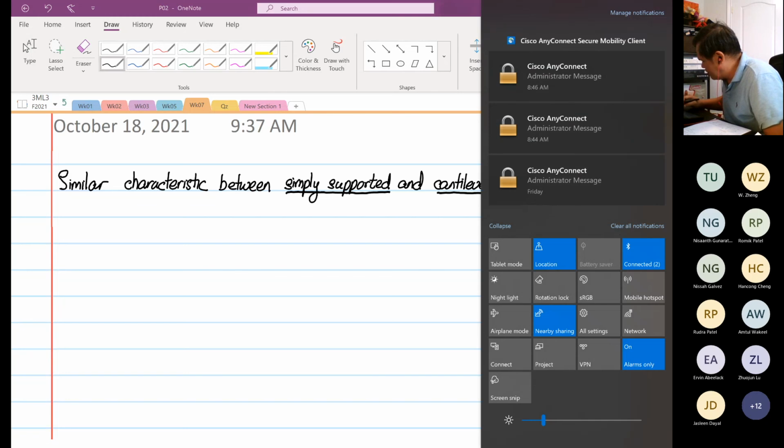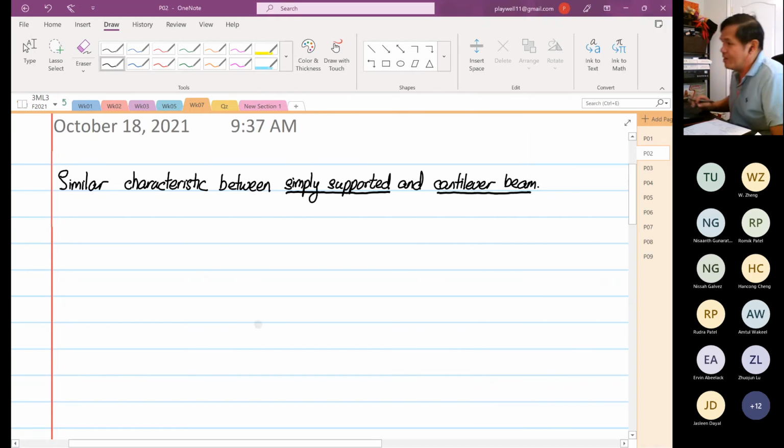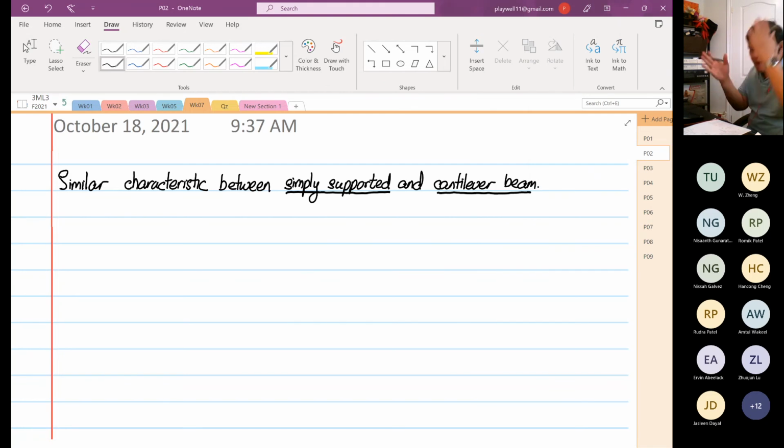I believe sometimes you have seen this before: why we only need to analyze half the structure. Why don't we need to analyze the entire structure? If the loading is simply supported, how come we can just take half of it, under symmetrical loading, or rather, when the load is at the center?